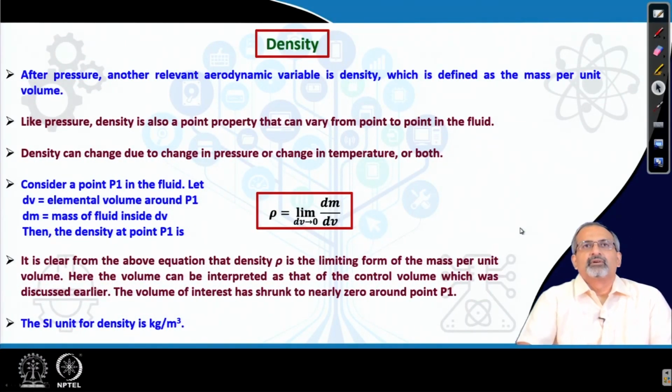So, that was a brief on pressure, different aspects of pressure. Now, let us look at density of the medium. This is another very relevant aerodynamic variable and it is defined as mass per unit volume.